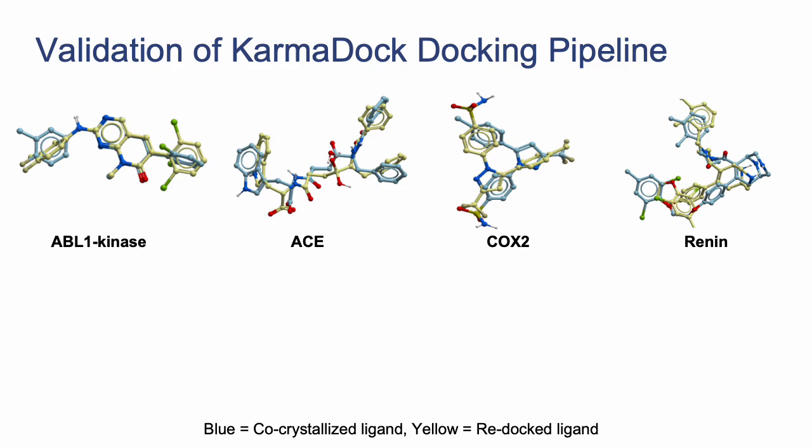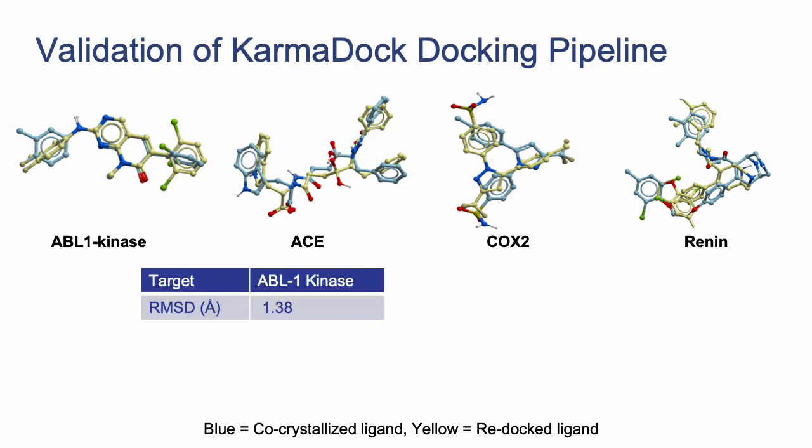We then validated the KarmaDoc pipeline using the same 4 targets. In this case, docked ligands are shown in yellow and the co-crystallized ligands are shown in blue. For ABL1 kinase, it had an RMSD value of 1.38 angstrom. ACE had a value of 1.58 angstrom.